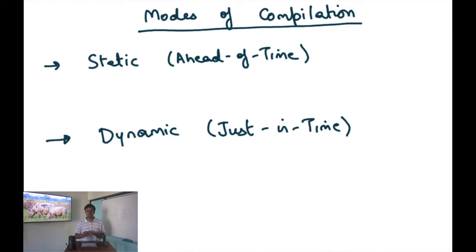So we are going to start compiling the program source code to generate the executable, and this is just-in-time compilation. Now, examples of just-in-time compilation are, for example, Java made just-in-time compilation very popular, and there are just-in-time compilers for other languages like Python and Perl and so on.